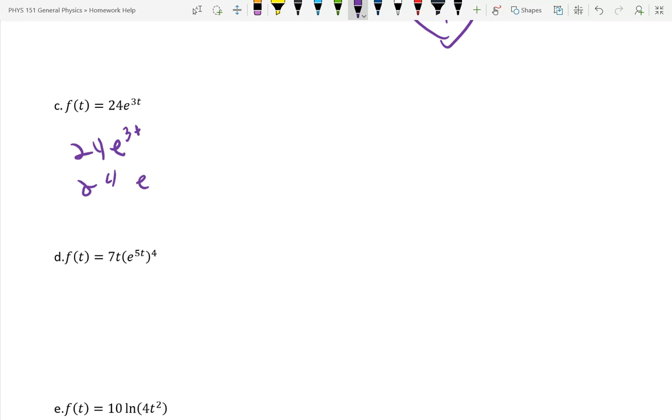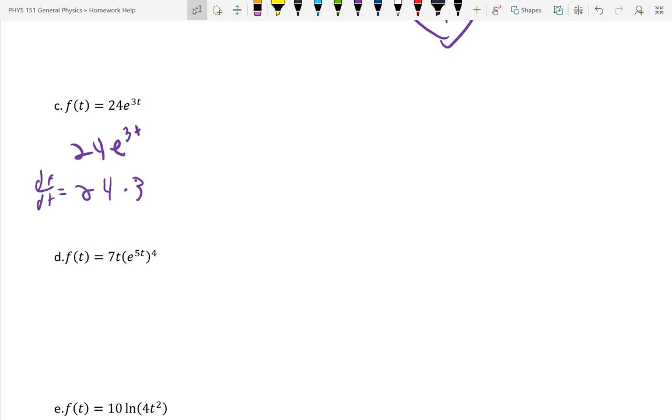And so you're going to bring down the 3. So you're going to have 24 times 3. This is the erase button? Okay, I'm just going to erase that entire bit. So since you're starting over, let's put df dt equals, because that indicates we're doing our derivative now. So we have 24 times 3.